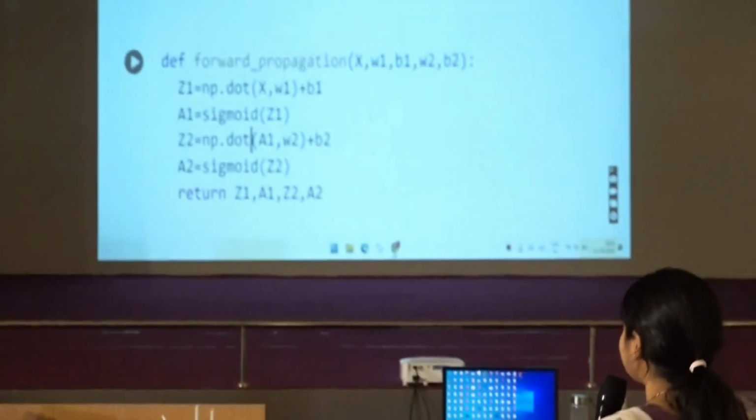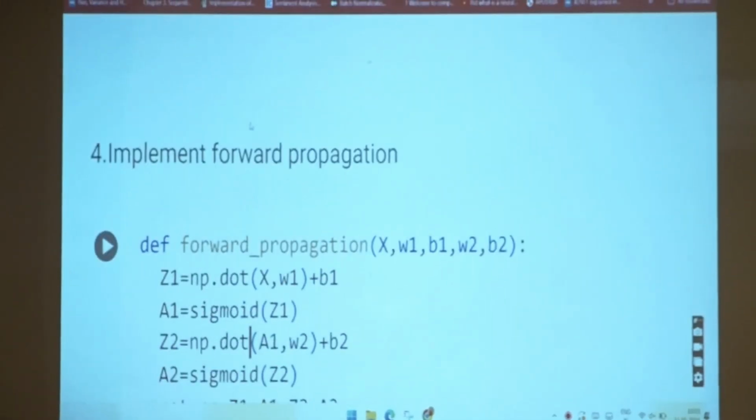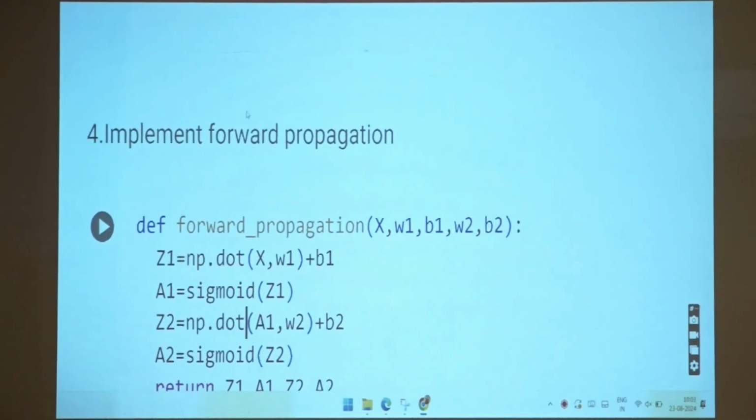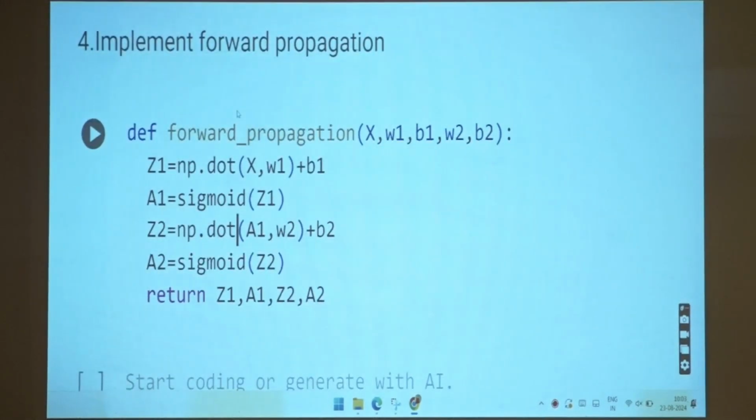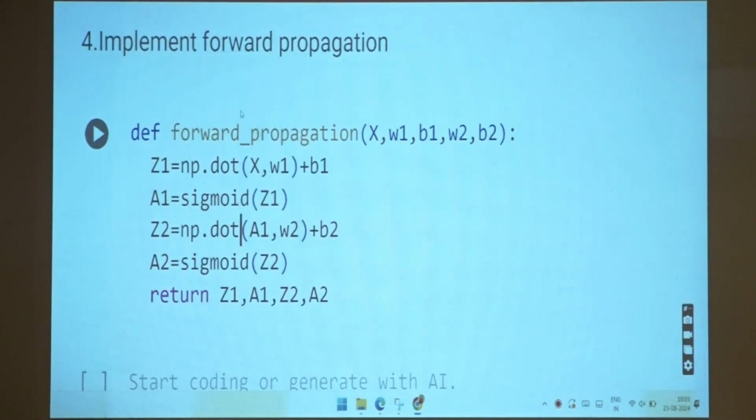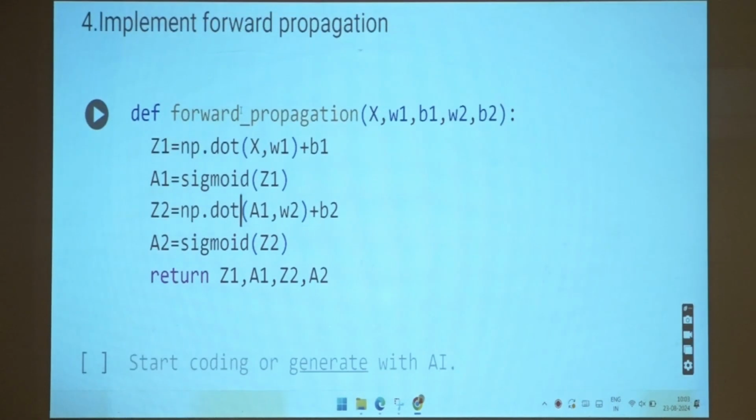What is this sigmoid of Z1? It is the hidden layer A1. What am I doing here? I am applying the activation function for which term? The Z1 term.